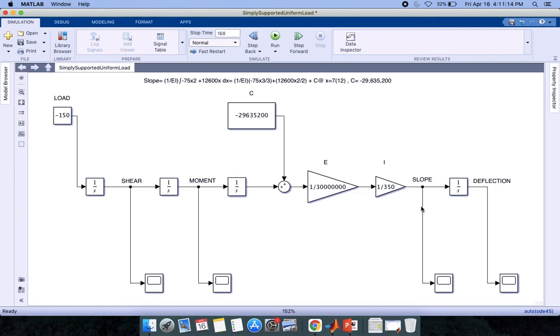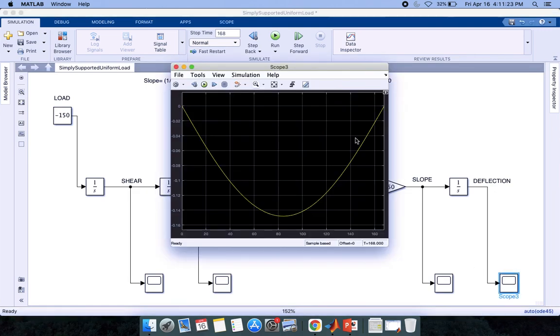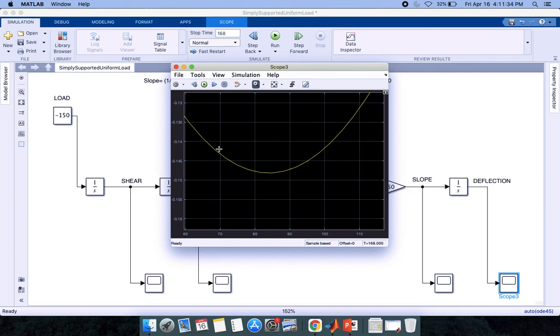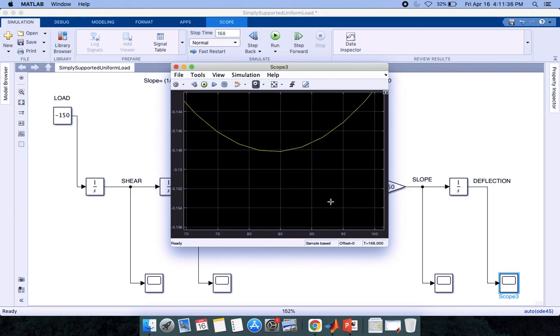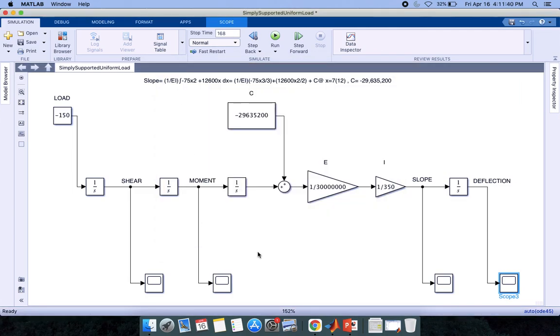So now if we integrate this deformation slope equation, we can get our deflection diagram, which looks like this. And it will be max at the midpoint of the beam. So now we have plotted shear, moment, deformation slope, and deflection.